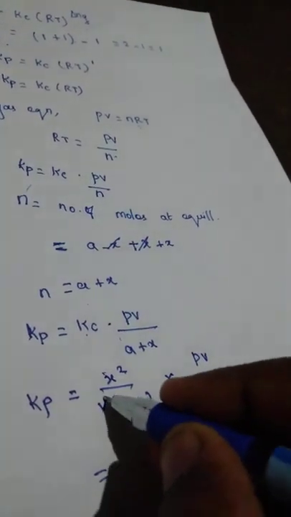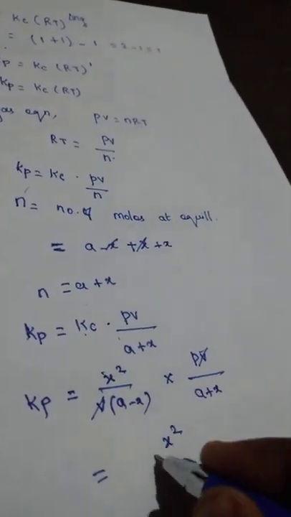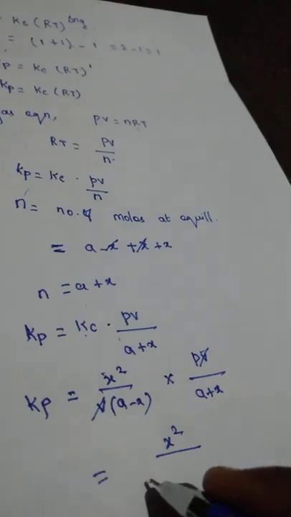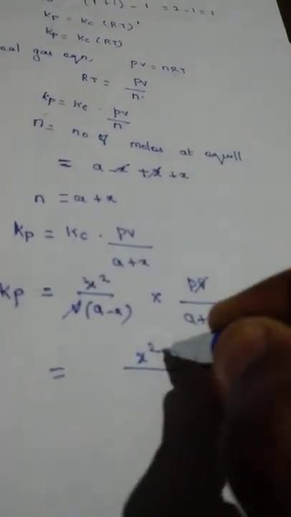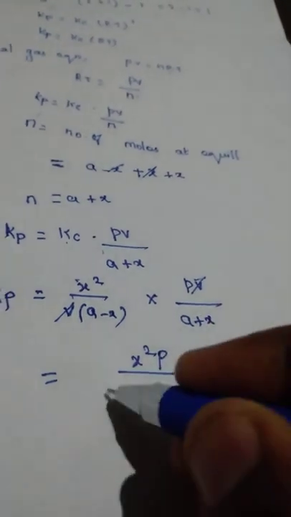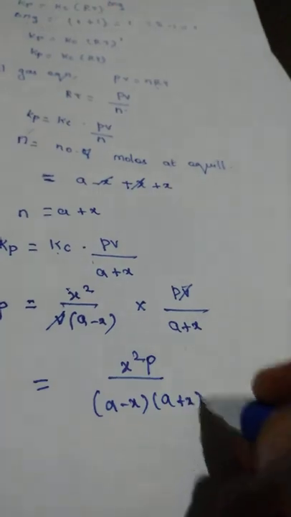You can cancel this V and this V. So your answer is X squared P divided by A minus X into A plus X.